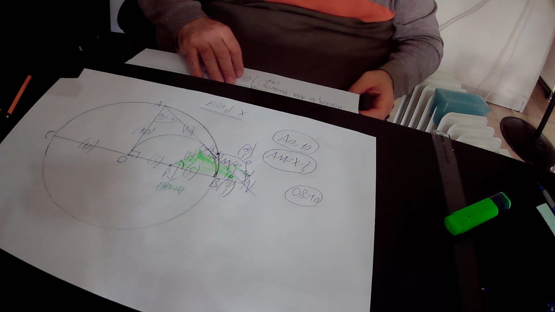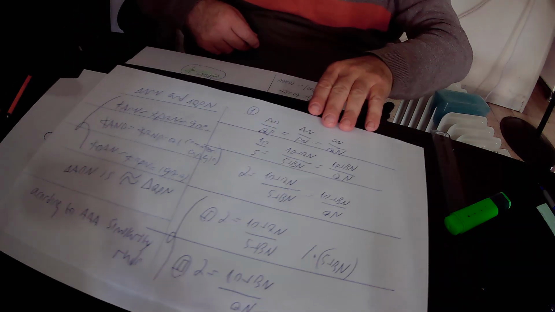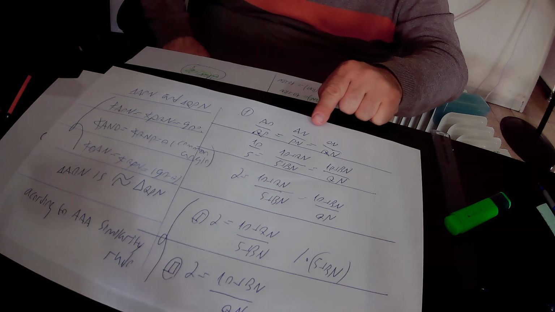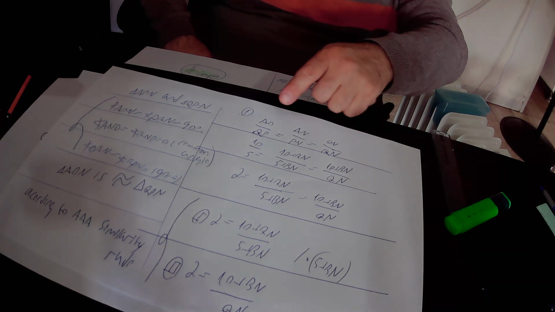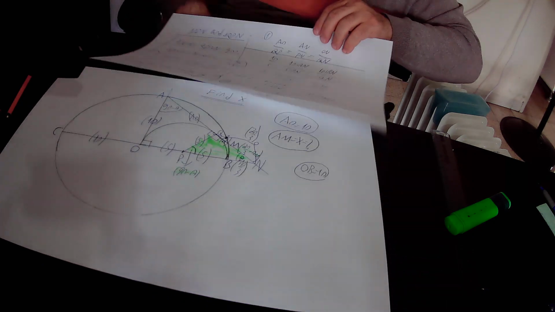Repeat again. We derive that AO over QP equals AN over PN equals ON over QN. AO is 10, QP is 5. What is the length of AN?